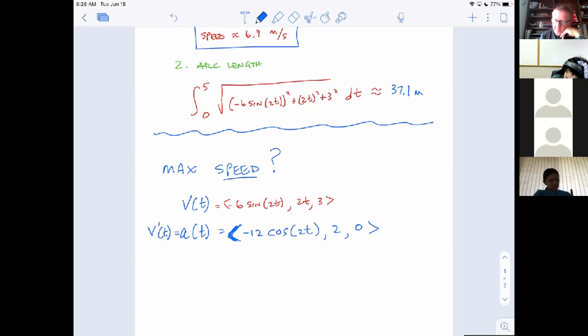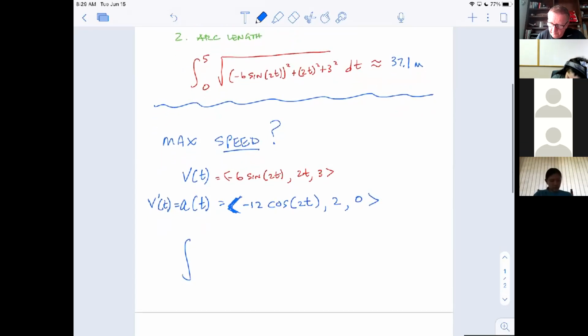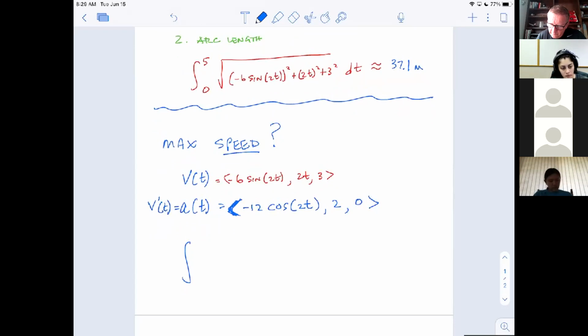Well, notice I said maximum speed, not maximum velocity. So isn't the speed, as we said before, the integral of all that junk squared? Maybe I'll just square 12. Since it's negative, I'll just square it myself.